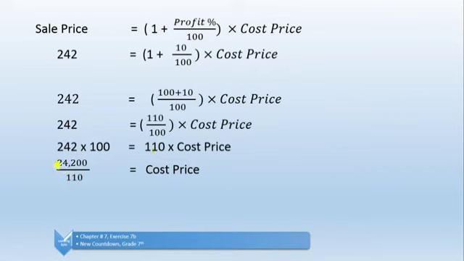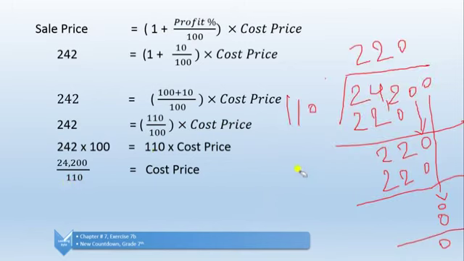Now we will divide 24,200 by 110, and after this division we have the value of cost price, which is 220 rupees.